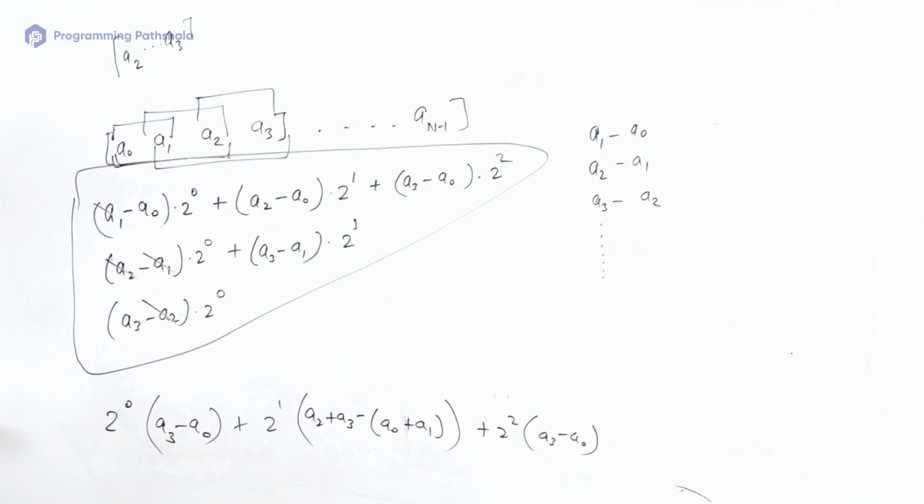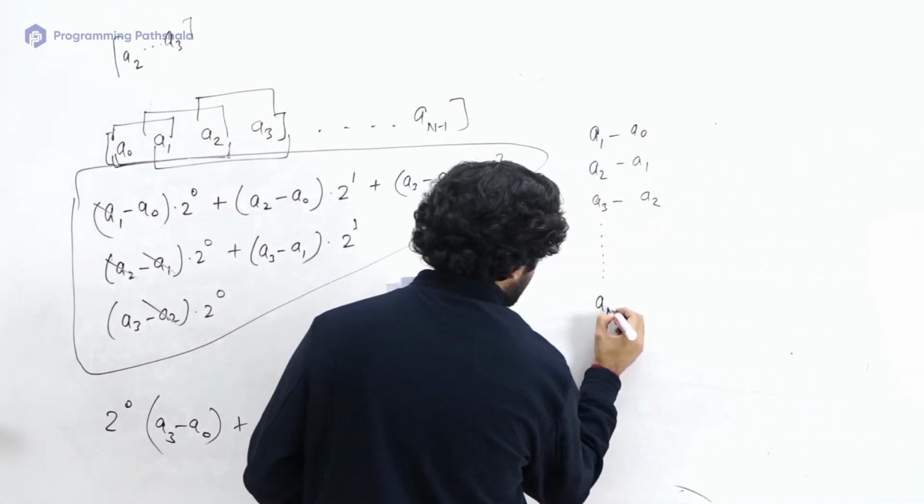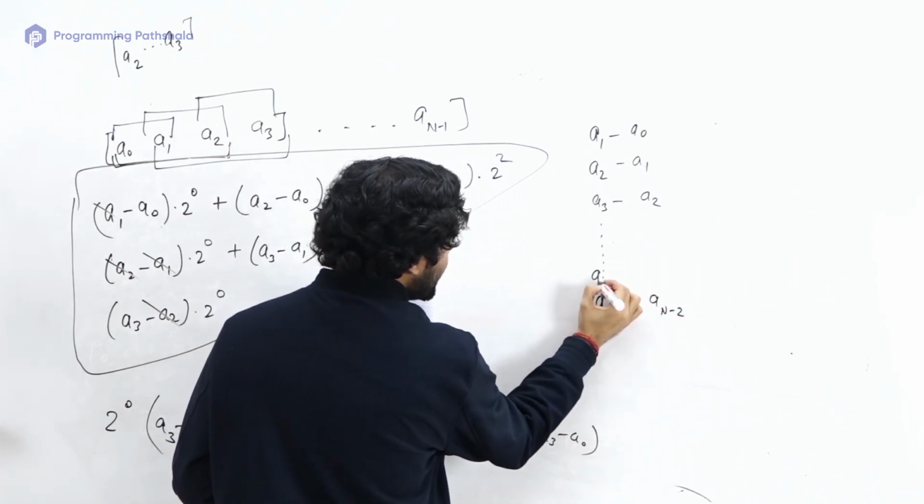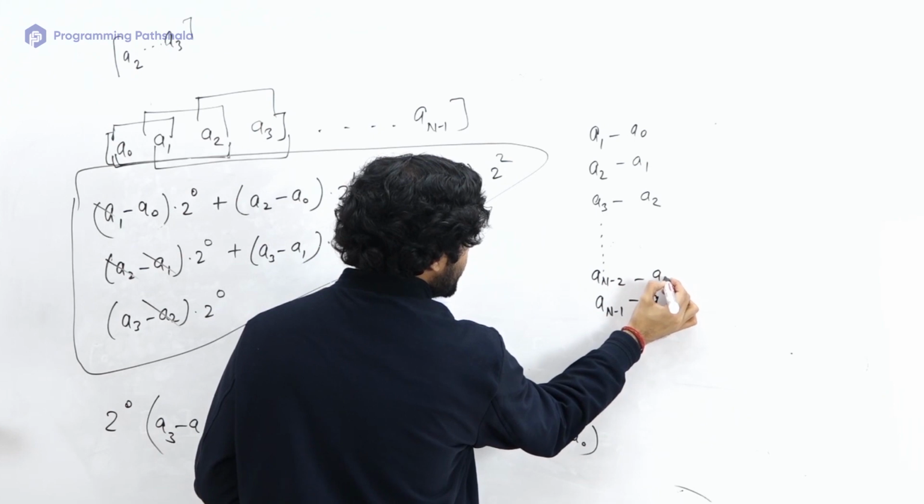Will it be a(n-1) minus a(n-2)? Yes or no? Because the last thing in the array is a of n minus 1, right? Good. So it will be a(n-1) minus a(n-2), and before this, you would have something like a(n-2) minus a(n-3).